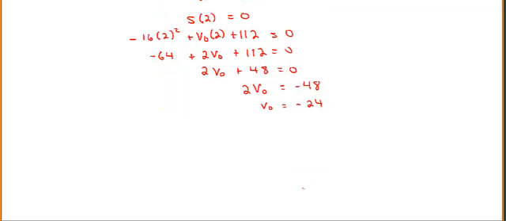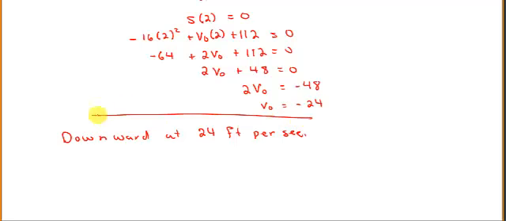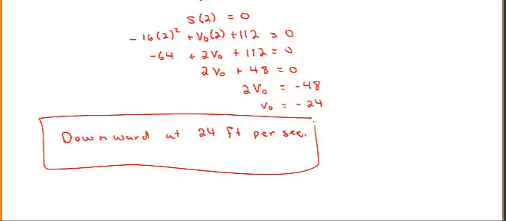Remember, upward is the positive direction, so downward is the negative direction. So the initial velocity was downward at 24 feet per second. That would have been the initial velocity for this. Okay.